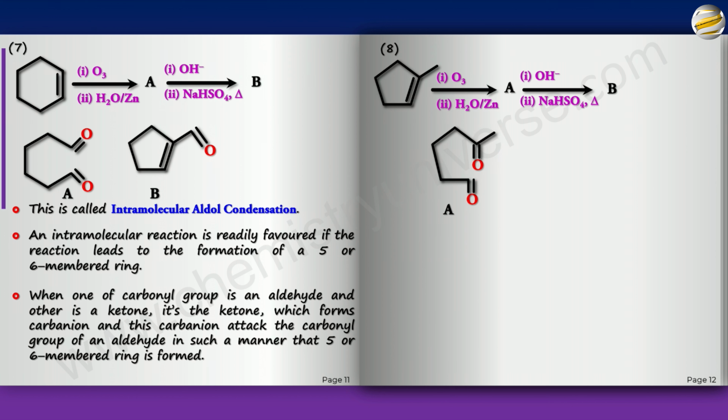If it were to lose this alpha H and this were to attack here, it will form a 1, a 2, a 3, a 4-membered ring, which is not advisable. So this will lose the 2H and this will lose the O. You will get this one. Check on your own.